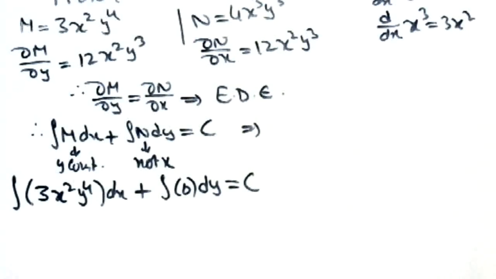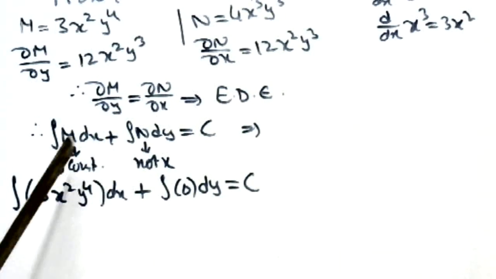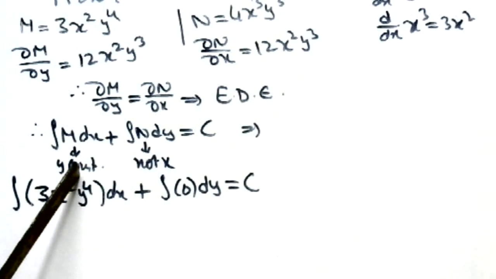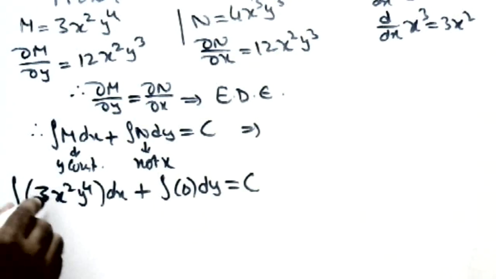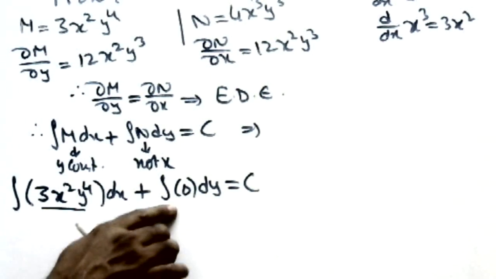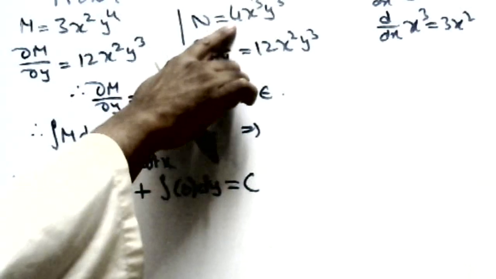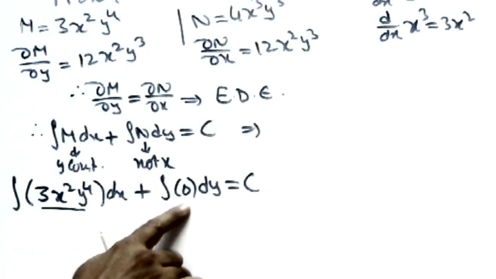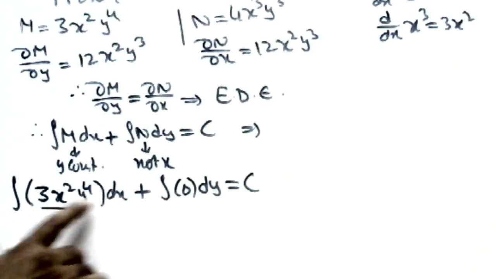For an exact differential equation, we have the formula: integration of M dx plus integration of N dy equals c. In M we consider y as constant, and in N we do not take the terms containing x. So we take all the terms of M, but for N, the only term contains x, so it will become 0.